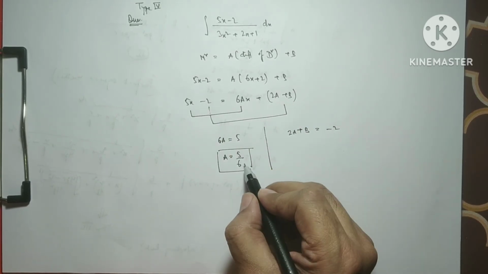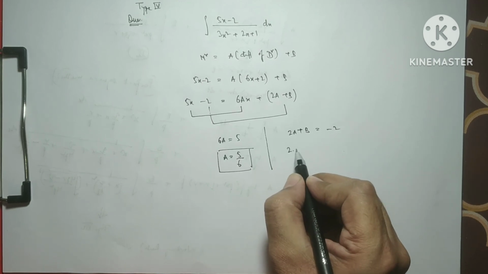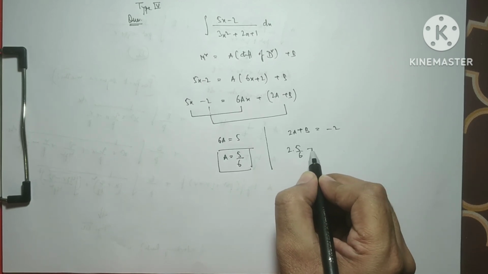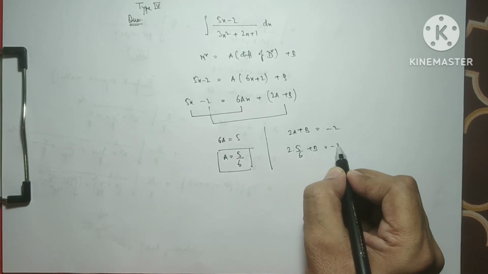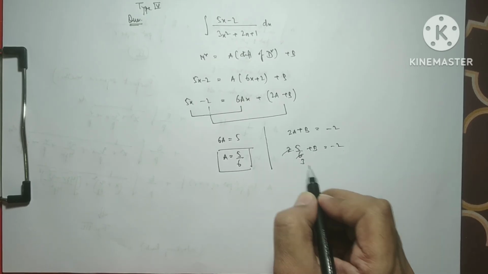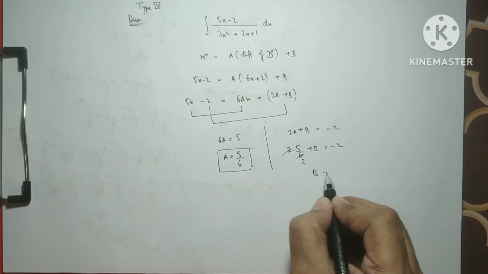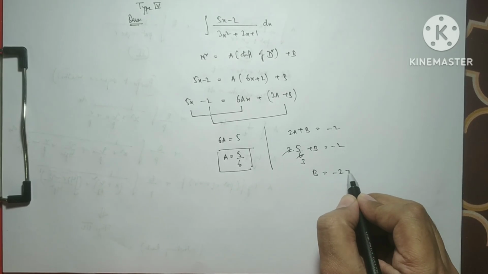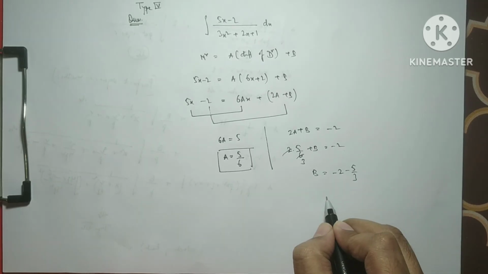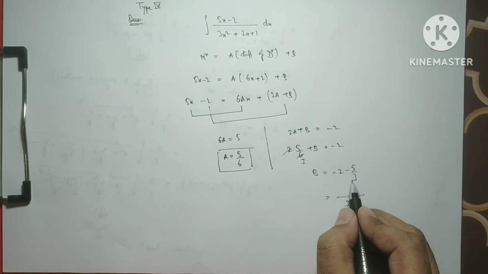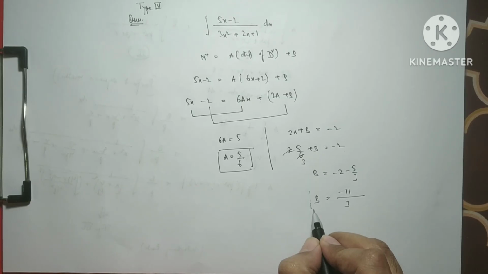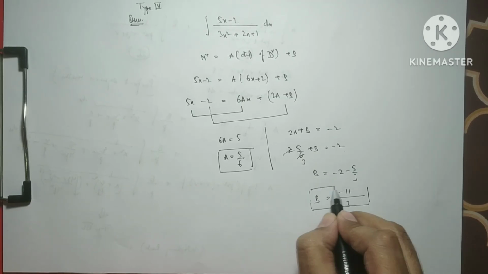So when we put this value, 2 into 5 over 6 plus b equals minus 2, we get 5 by 3. So b is minus 2 minus 5 over 3. On taking LCM, this is 6, it is minus 11. So b is minus 11 by 3.